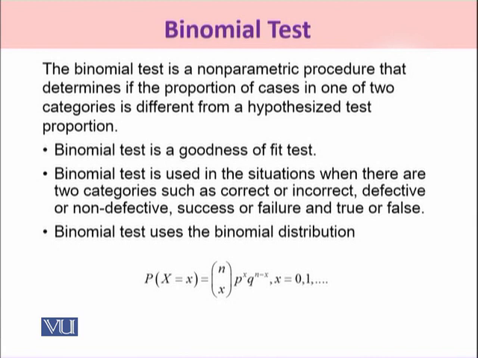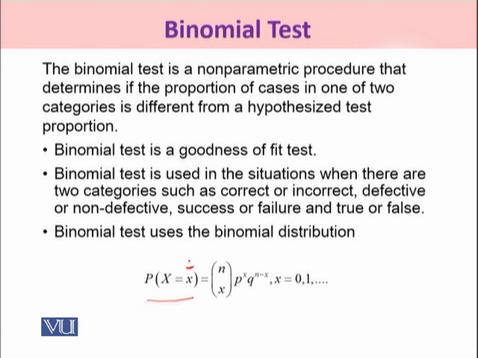Now, my dear students, the binomial test takes into account the binomial probabilities. So the binomial probability is given before you. It is the probability of X at x, where capital X is the discrete random variable that will be taken as a binomial random variable, and its values are denoted by small x.